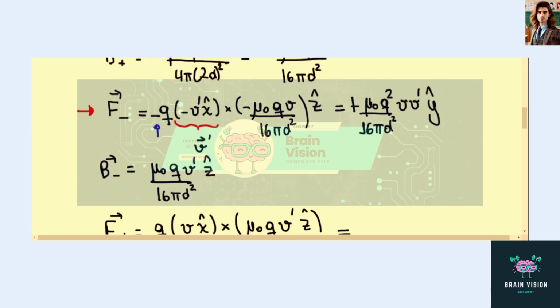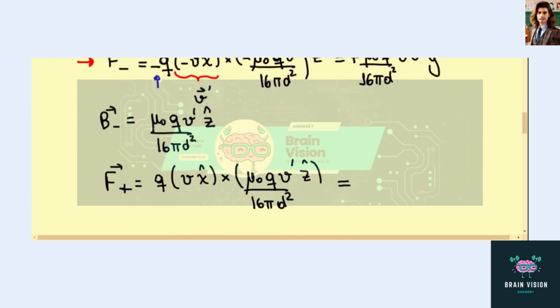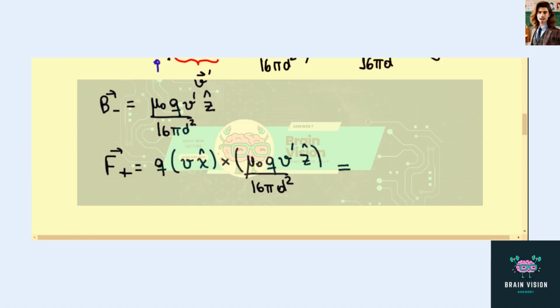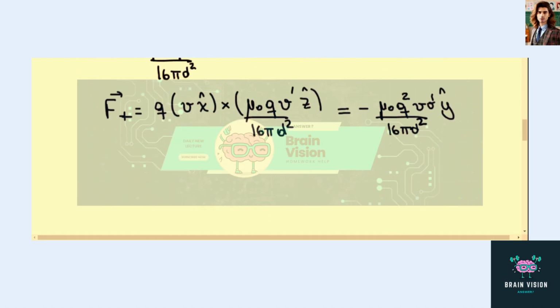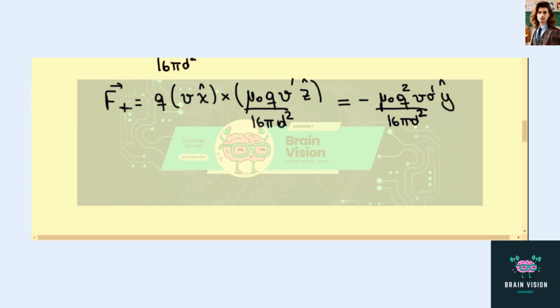So the force that is exerted on the negative charge is actually in the positive y direction. I'm sorry for that. And the force that is exerted on the positive charge is in the negative y direction. So it's minus mu 0 q squared v prime y divided by 16 pi d squared. So the force is in the negative y direction.